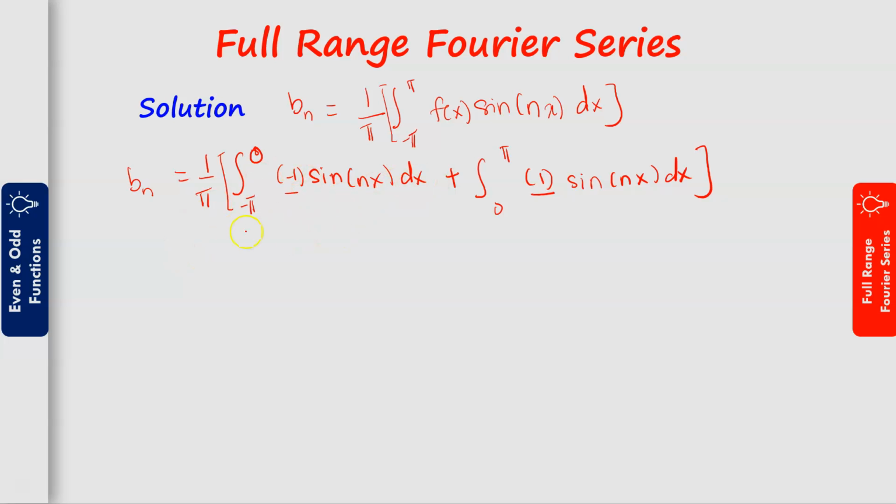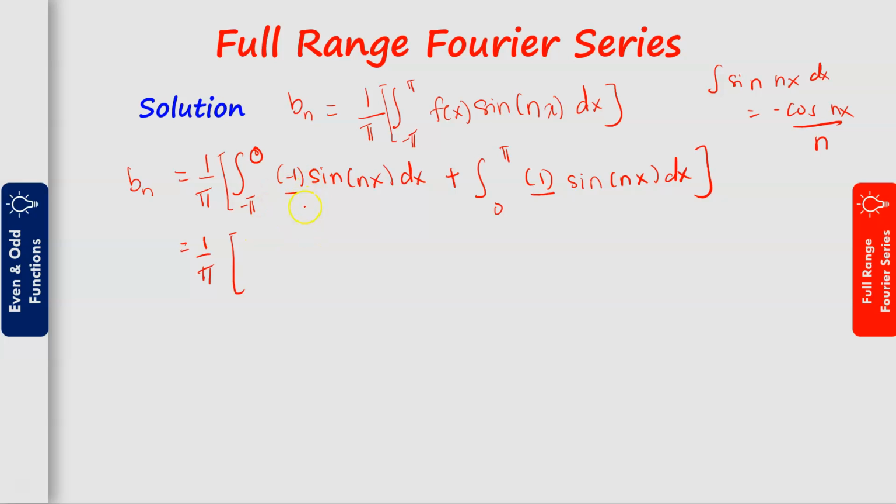And then class, when we integrate this, we have 1 over pi. Integrate negative sin nx. You integrate sin, you get negative cos. For example, sin nx dx, you get negative cos nx over n.